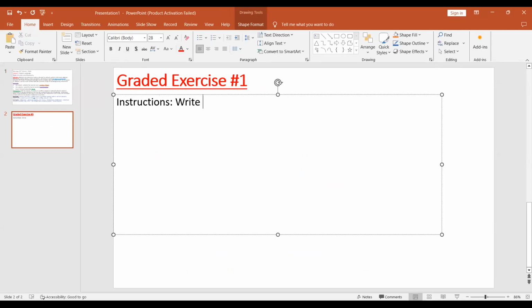We're going to write A for allusion and M for metonymy.